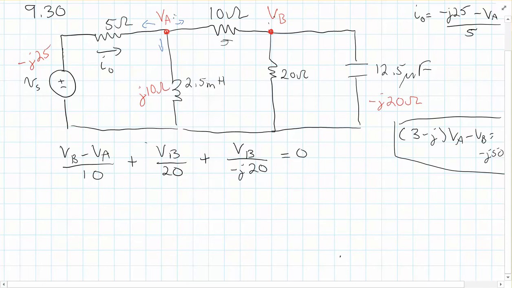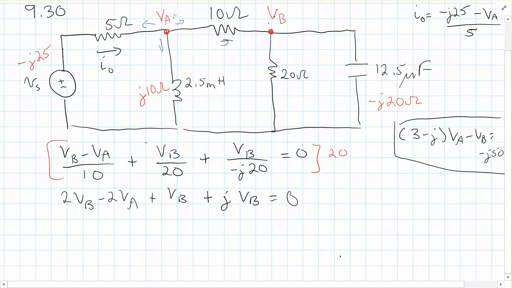I'm going to do the same thing I did before, but instead of multiplying through by the J, I'm just going to multiply through by the 20. And so then we would get 2VB minus 2VA plus VB, and then I want to move that J so it's not in the denominator, so it goes in the numerator and becomes positive, plus J VB equals 0.